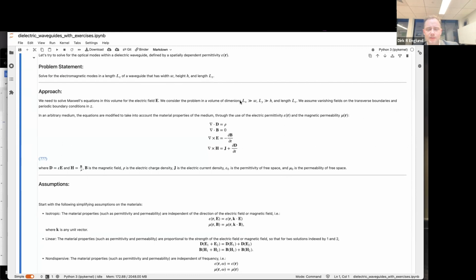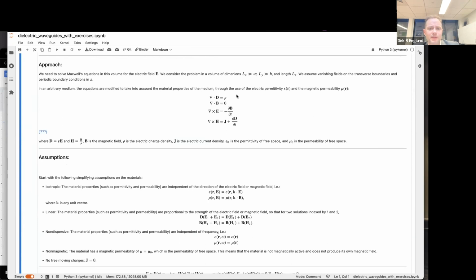We require that the bounding box around our problem is such that L sub X is much greater than W, so there's no evanescent field at that boundary. In that way, we assume the boundary conditions, as we just said. And then what we have to do is apply Maxwell's equations, which I've written for you here. Just as a reminder.